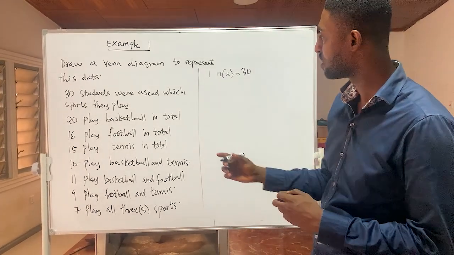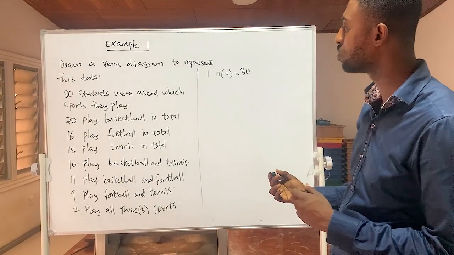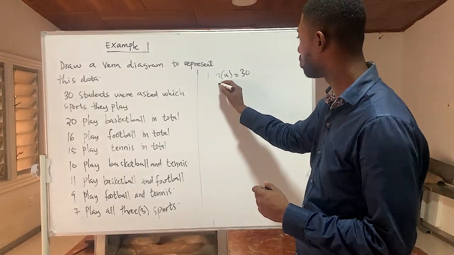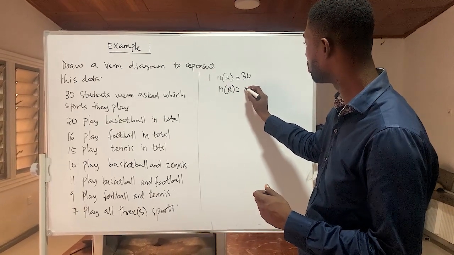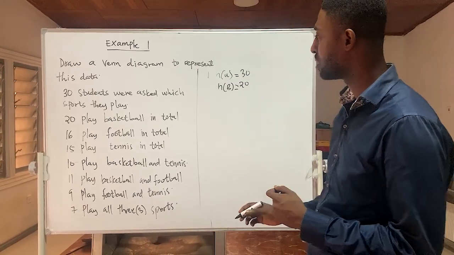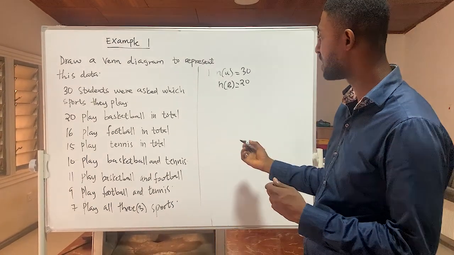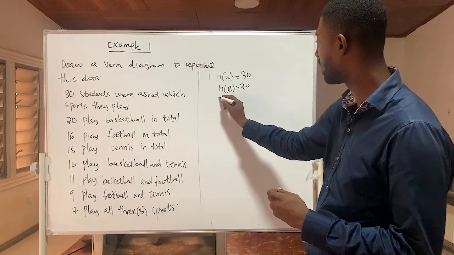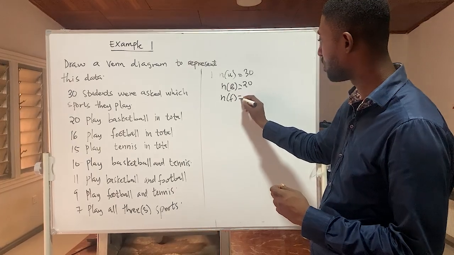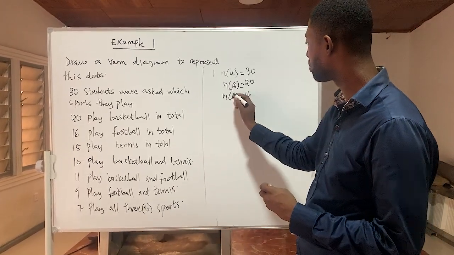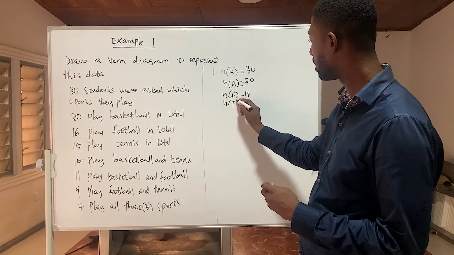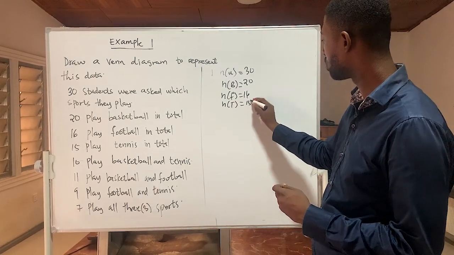Then let B represent students who play basketball. So number of B will be equal to 20. Then let F represent students who play football. So number of F is 16. Then let T represent students who play tennis. So number of T is also equal to 15.